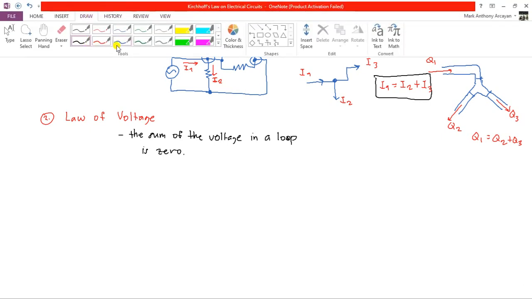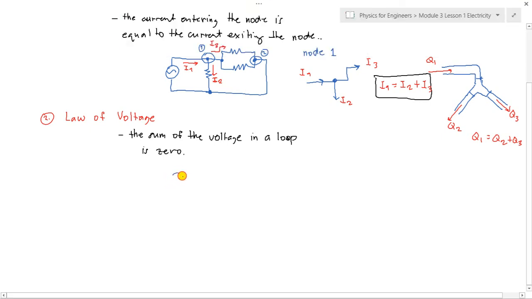Again, if we have a circuit, with a second branch here and another area, these are a series of resistors.